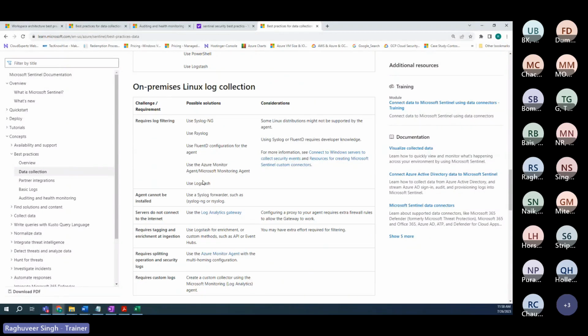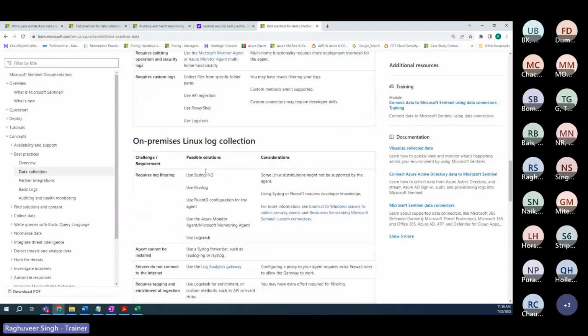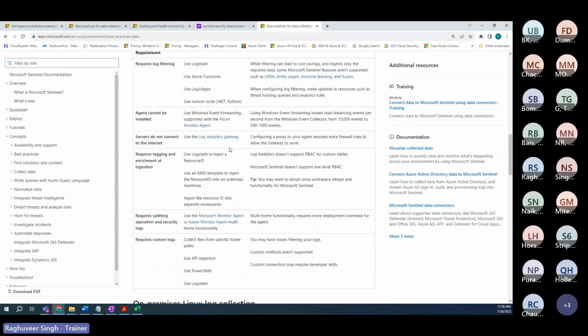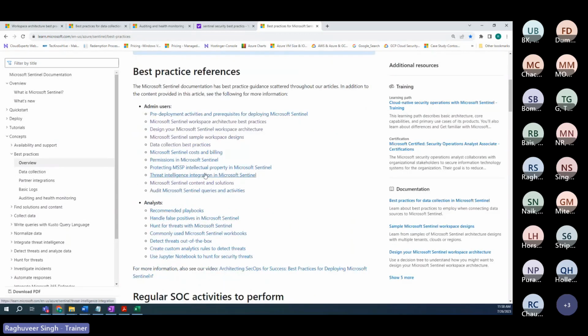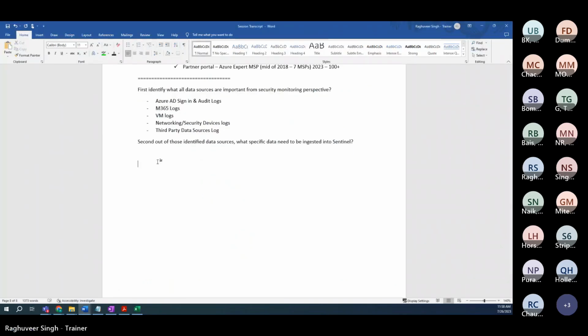So the crux of this best practices documentation, you will take a couple of hours to go through it. But the crux here is that there are some common best practices that will always remain there. So there are some common security best practices which will remain common irrespective of the service.